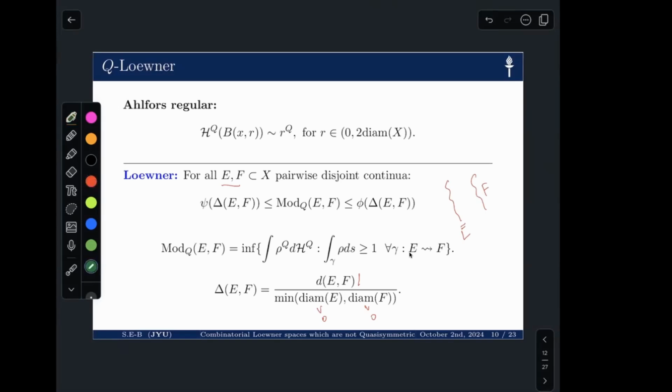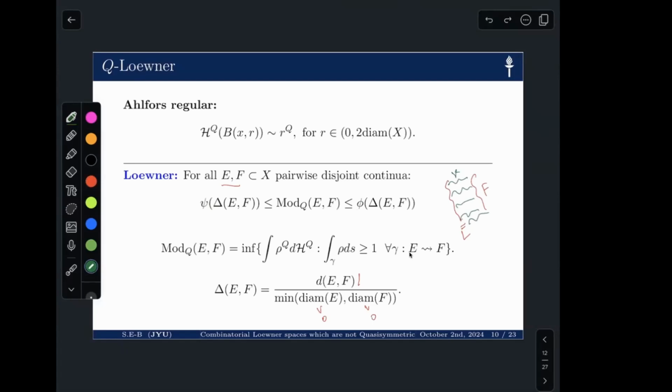And we're looking at all the rectifiable curves gamma that go from E to F. We insist that a quantity called the conformal modulus, or Q-modulus, of this curve family is bounded from above and below by something that depends on the relative distance between E and F. Technically, people who know will see that this upper bound is not really needed, but I'll add it just to make this condition look symmetric and similar to what is seen later.